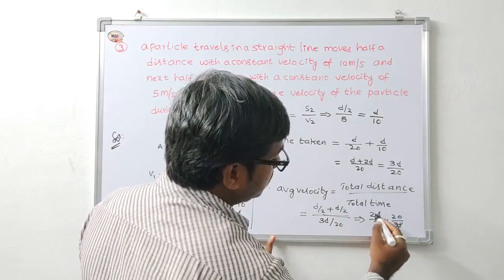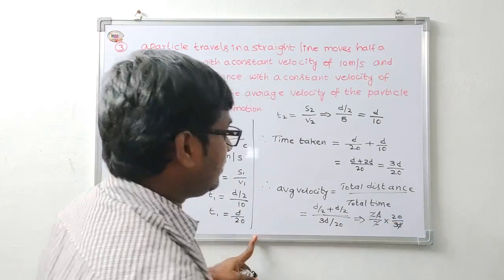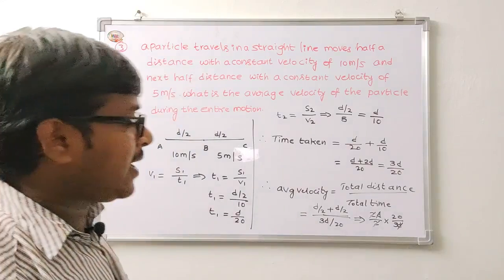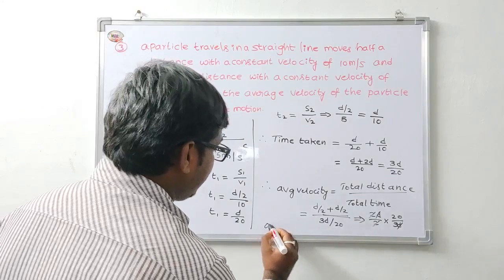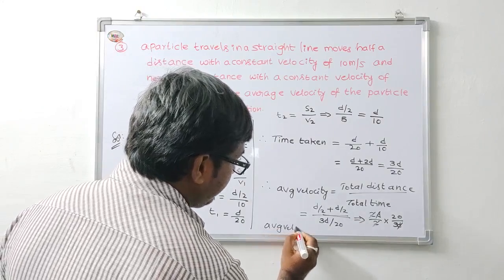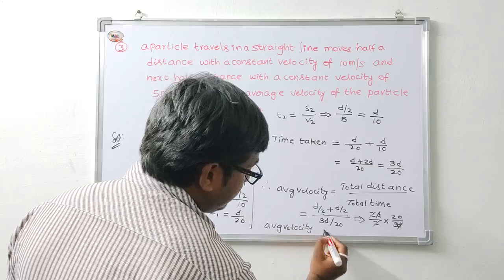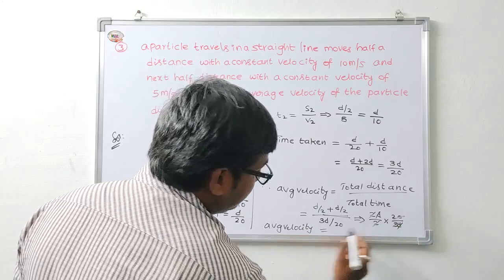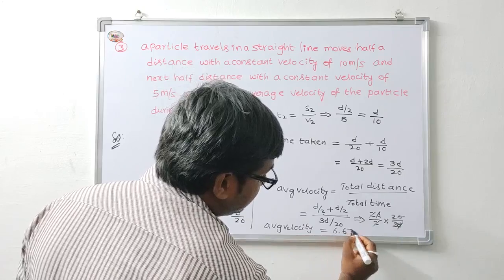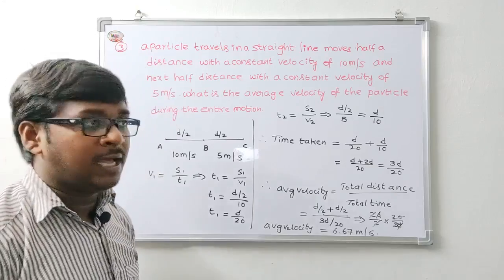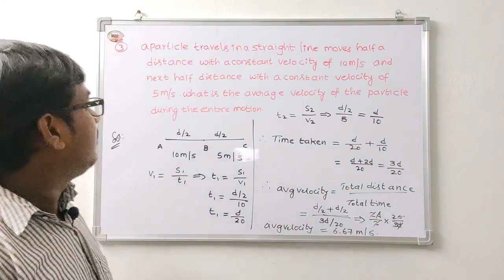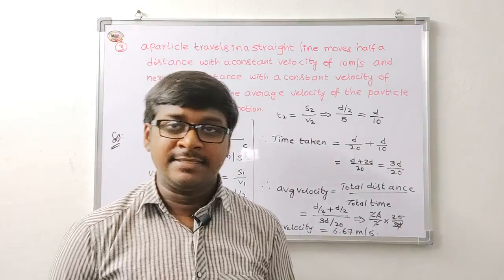The d cancels, giving 20 by 3, which is 6.67 meters per second. This is the average velocity of the particle during the entire journey.